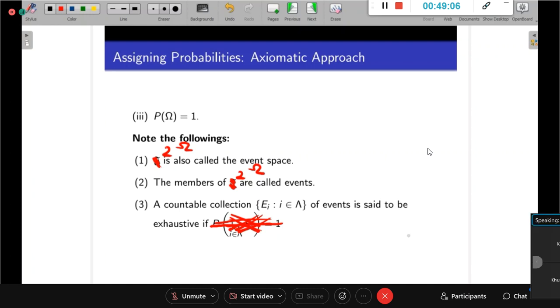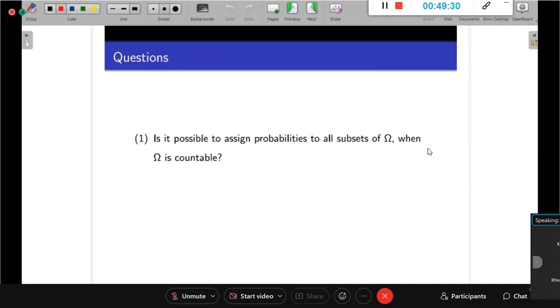That is, if the union of the E_i, with i belonging to some index set lambda, is equal to omega. So a countable collection of events is said to be exhaustive if their union forms the full sample space. Okay, right.